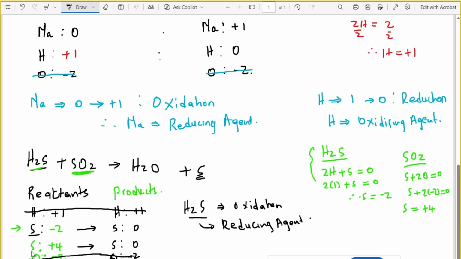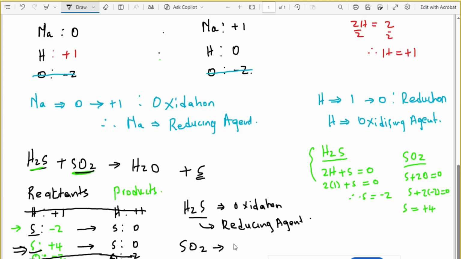And then for this S, which was the one in SO2, this one is from +4 to 0. Which means that we gained electrons, the oxidation number went down.